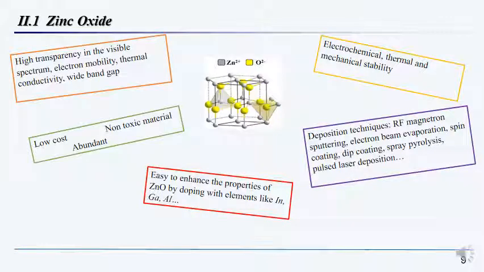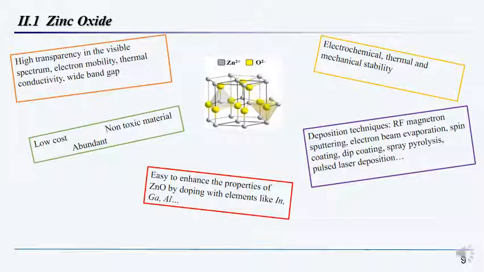Zinc oxide is a well-known and extensively studied material because it has so many properties that made it the material of choice for many applications. ZnO crystallizes in Wurtzite form and has high transparency in the visible spectrum, high electron mobility and thermal conductivity, and a wide band gap of approximately 3.37 electron volts.